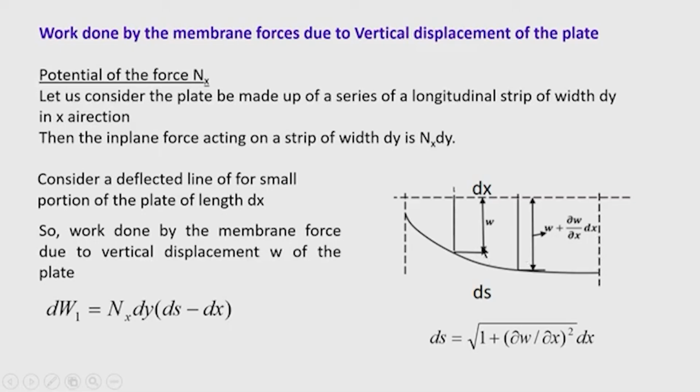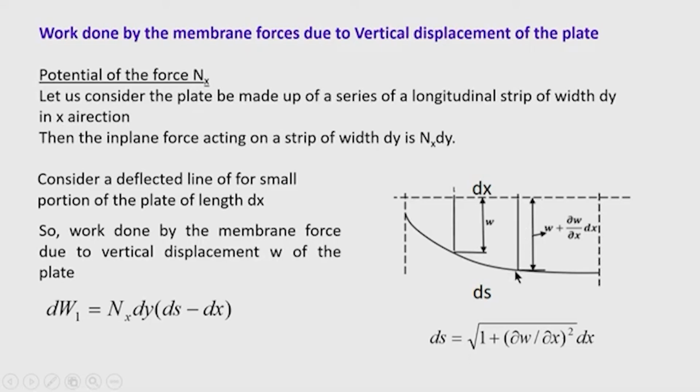What is the increment? If the slope is del w by del x, that is this angle, then for a small angle, this angle multiplied by this distance, dx tan theta, where tan theta is approximately theta, we can write w plus del w by del x into dx. So, this is the deflection at this end.